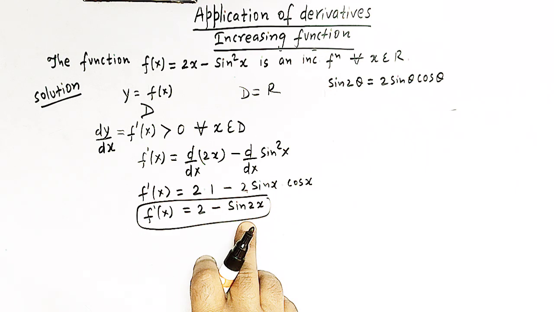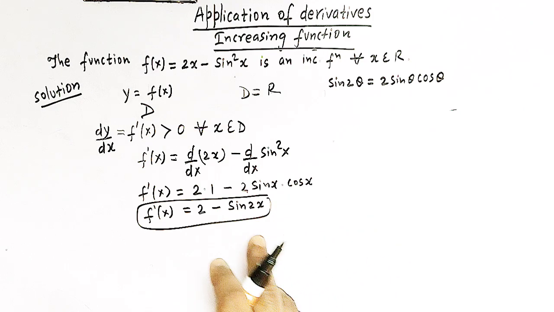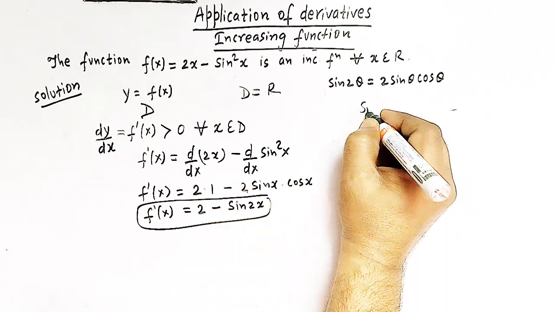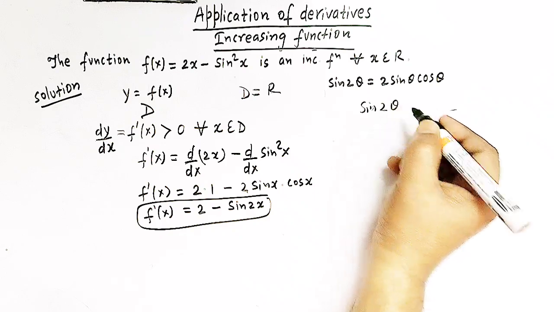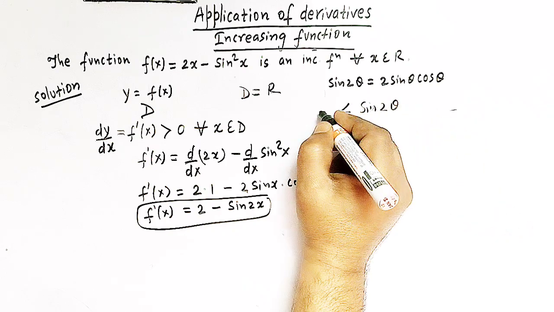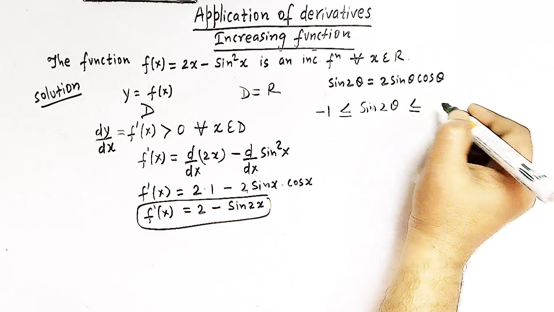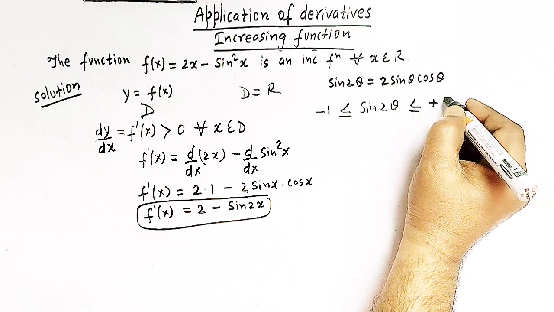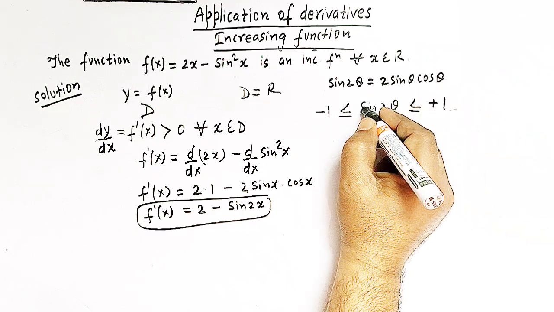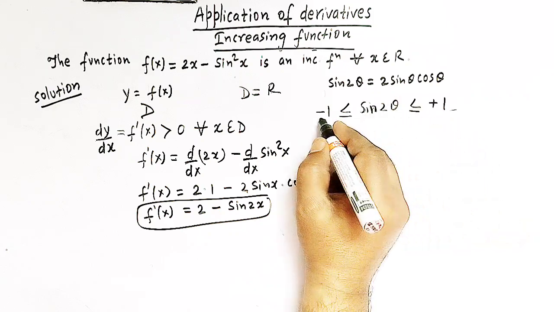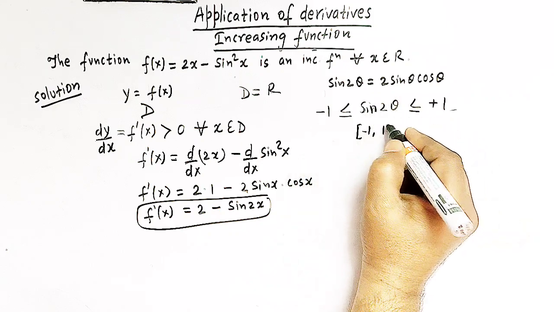Now let us make use of some concept from trigonometry. See, sine 2 theta is always going to be greater than or equal to -1, but less than or equal to +1, because we know that the range of the sine function is from -1 to 1.